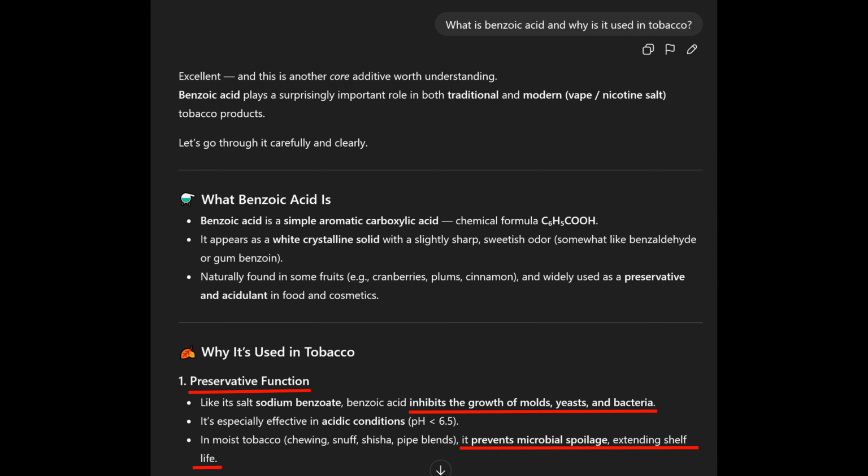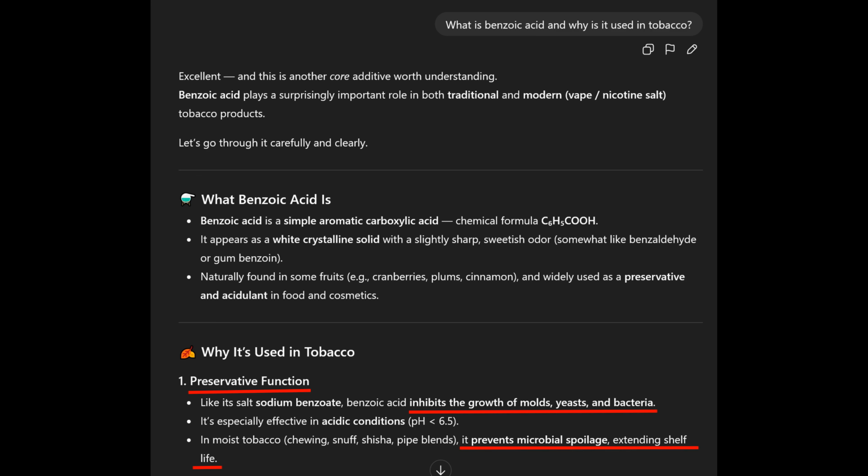Okay, again, I hope you can hear me well. So the first screenshot of my interaction with ChatGPT is with the question, what is benzoic acid and why is it used in tobacco? And it says what it is, but what we're interested in is why it's used in tobacco.